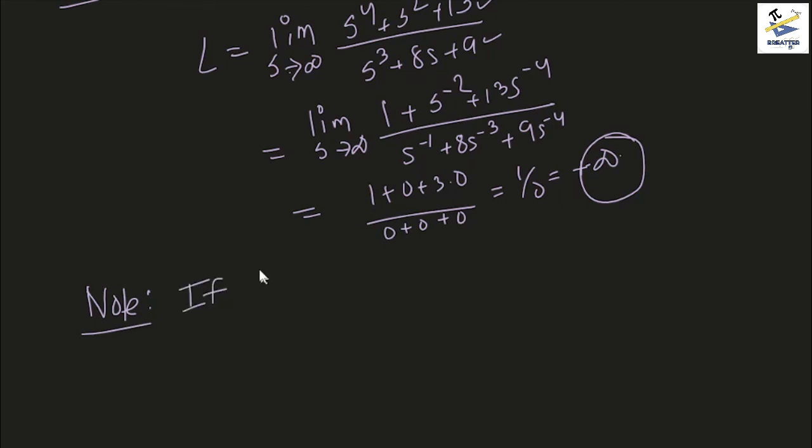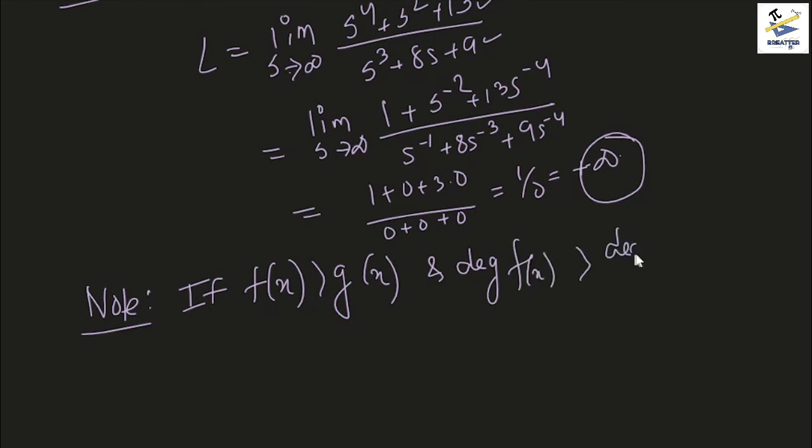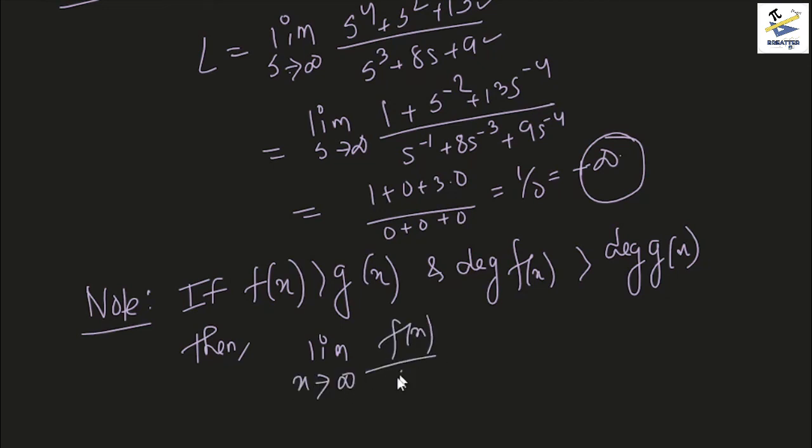If the degree of f(x) is greater than the degree of g(x), then the limit as x tends to infinity of f(x) by g(x) would be equal to the sign of f(x) into infinity.